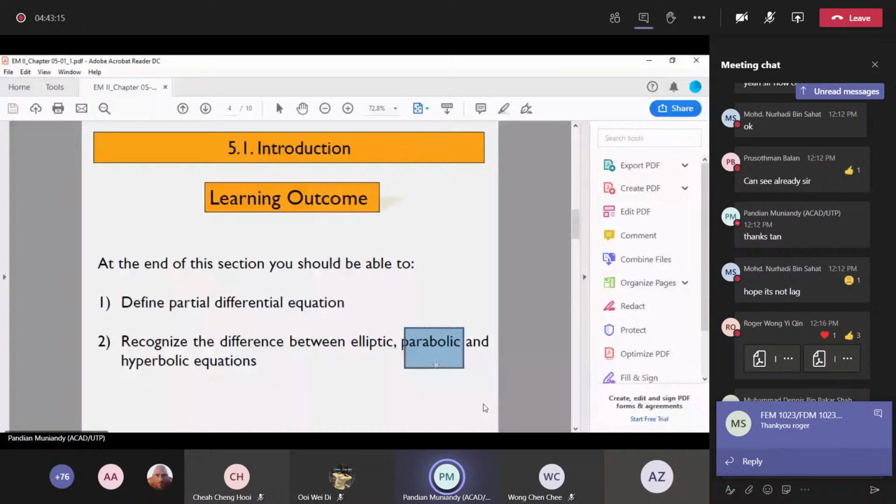You can check the geometry of that later. But here we are not going to do the geometrical kind of thing. Just to let you know, you must remember this: what is elliptic, parabolic, hyperbolic in this topic, PDE, partial differential equations. So we have to recognize. So how to recognize?